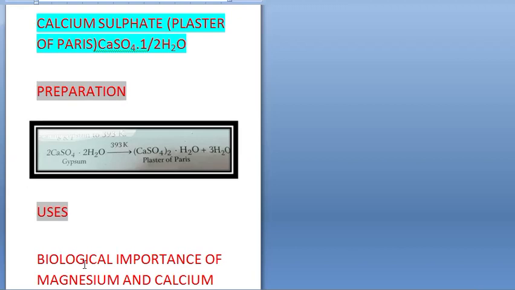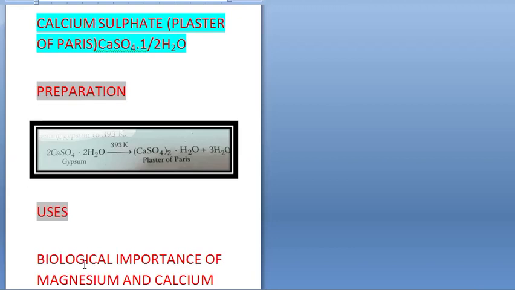Daily requirement of calcium and magnesium ions in the human body is estimated to be about 200 to 300 milligram. All enzymes which use ATP in phosphate transfer require magnesium as cofactor. Main pigment for absorption of light in plants, as you know, is chlorophyll, and chlorophyll contains magnesium.